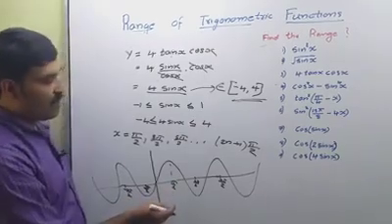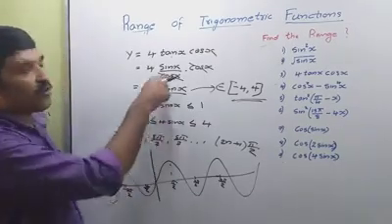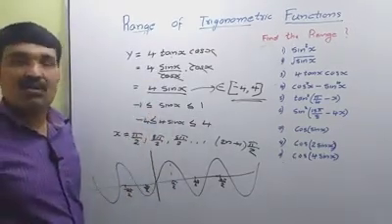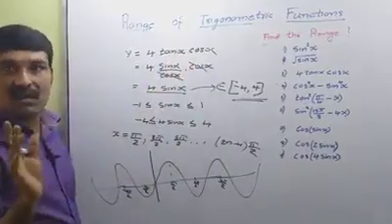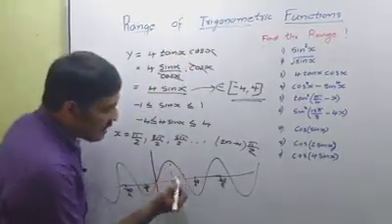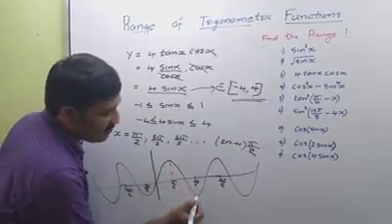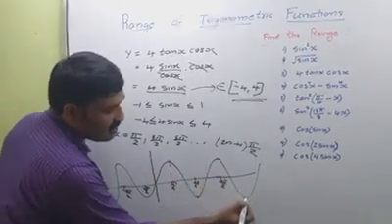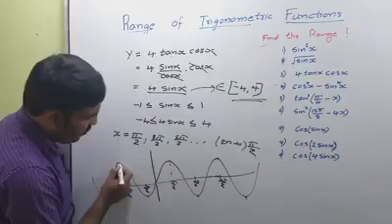At odd multiples of pi by 2, the value of cos x becomes 0. So 0 by 0, we cannot cancel. So there is always a discontinuity at this point, that is at an odd multiple of pi by 2.